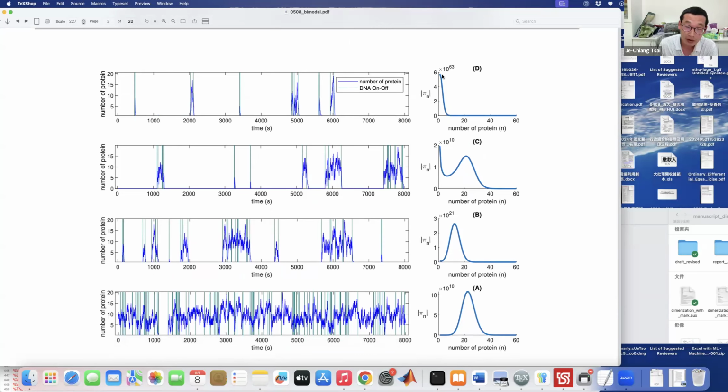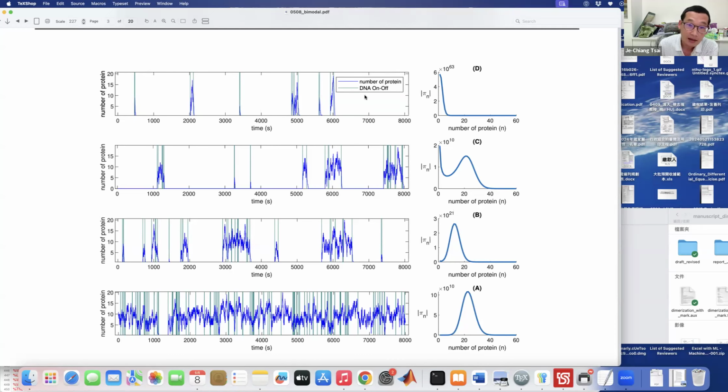This type, for example, is monotone decreasing, and this type corresponds to a bimodal distribution, and type C, type B and type A correspond to unimodal state distributions.